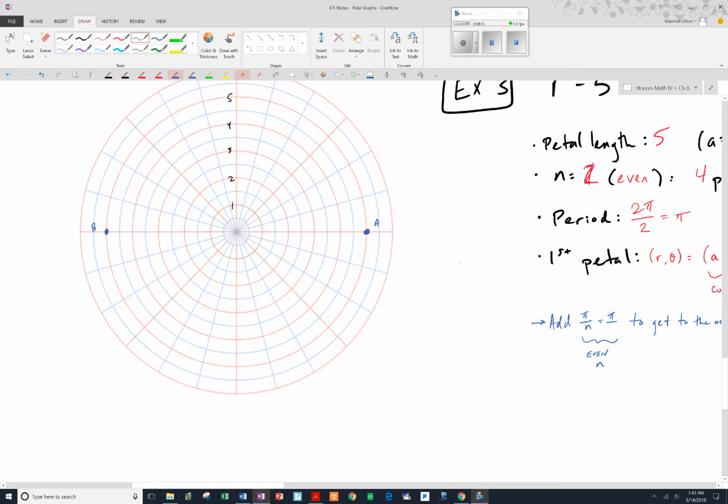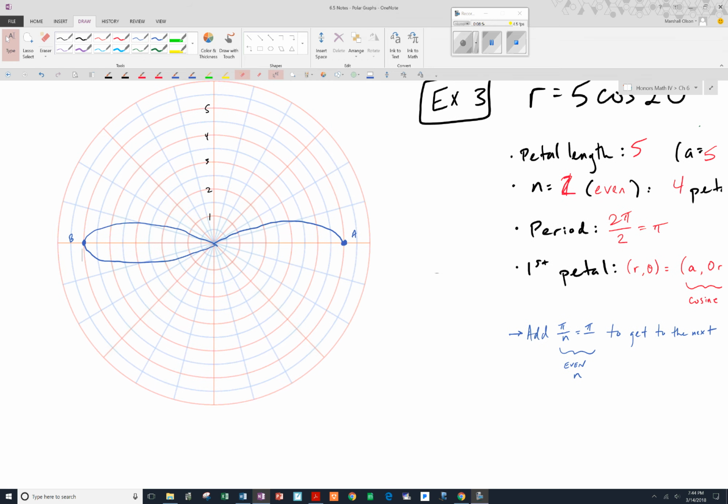But what we know we're going to do is start at this A and then come back down through, and we're going to come to the B and then come back to the pole.